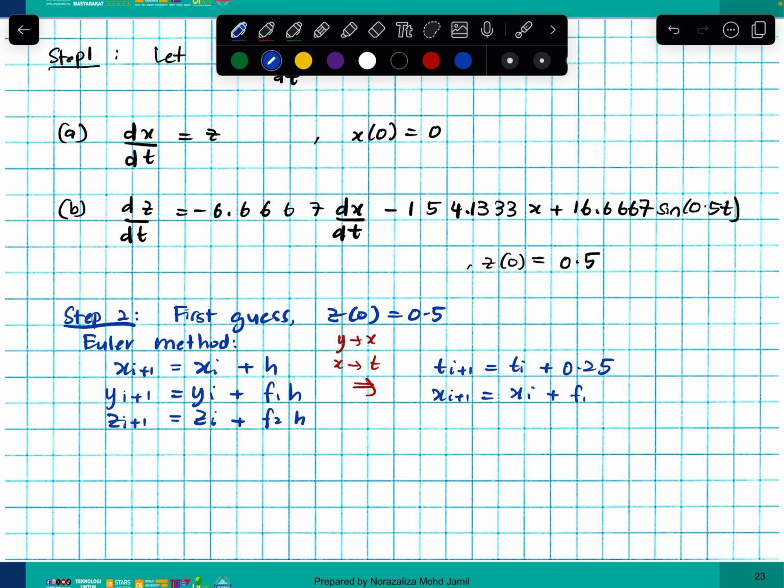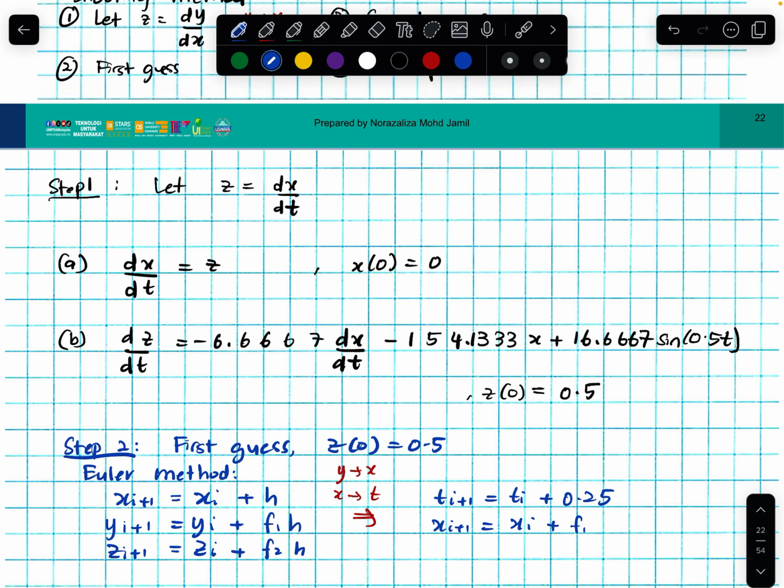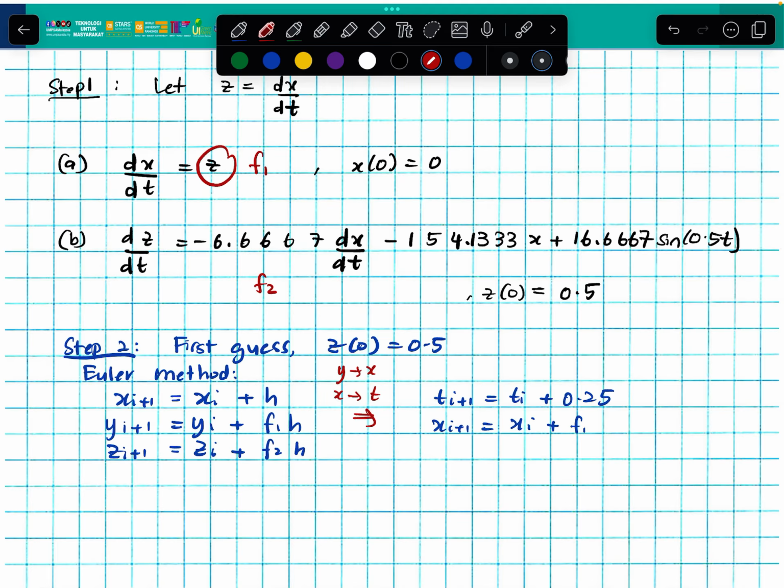Okay, f1 can be replaced straight away. Remember, this is f1 and the whole line here is f2. So f1 is just z, so z(i) times h, which is 0.25.